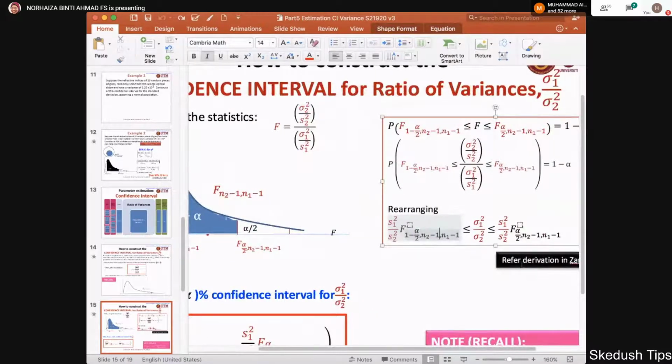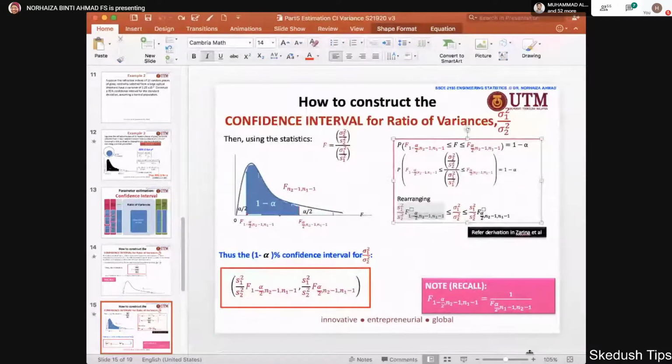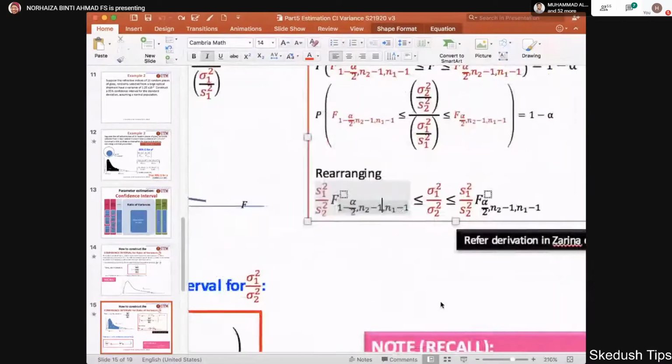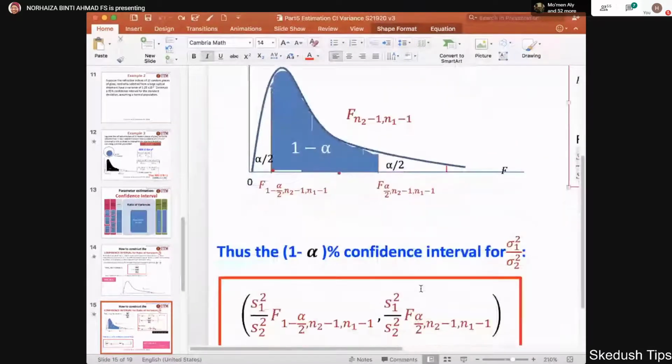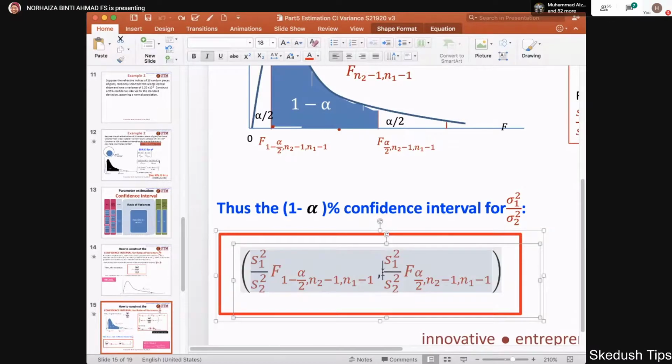Okay, so to make it easy for you to remember, the confidence interval for sigma 1 squared over sigma 2 squared: you start with the best point estimate. You write this point estimate first for your lower limit and your upper limit. And then you write down the point on the distribution.